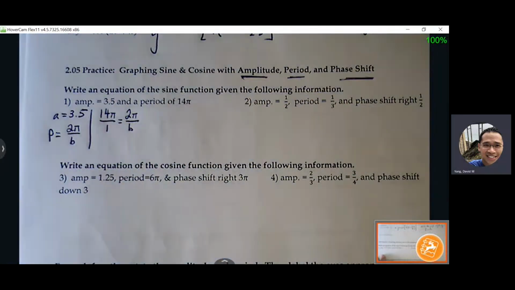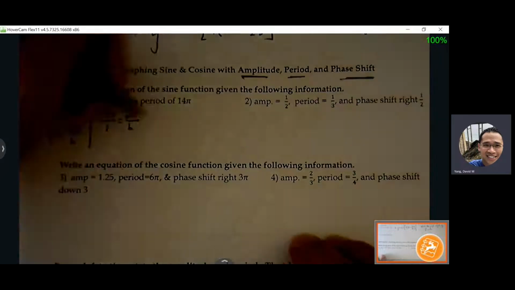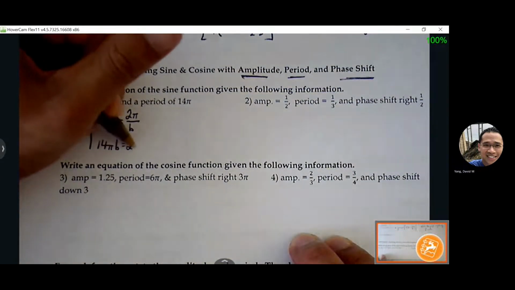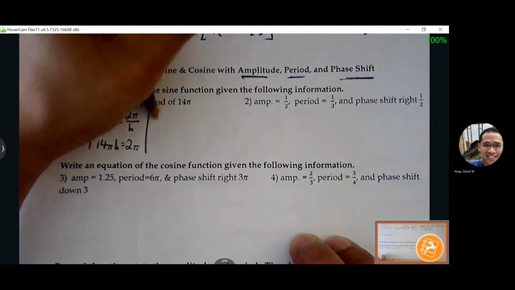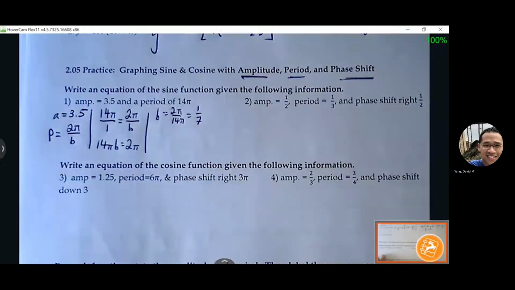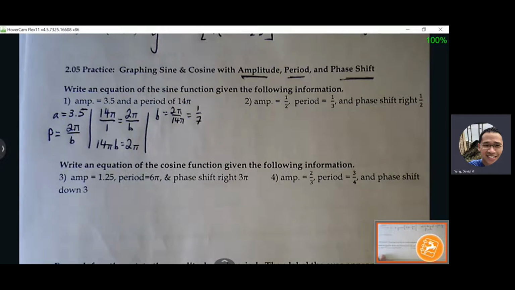Okay, just like on the quiz, right? You cross multiply, try to solve for b. B is 1/7.